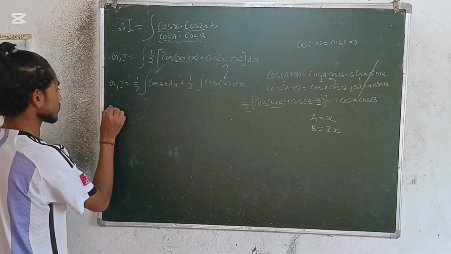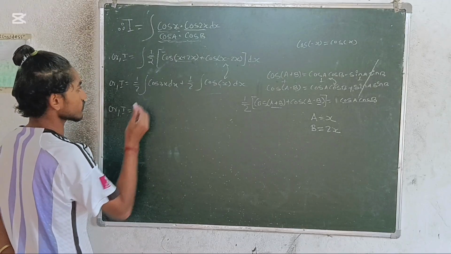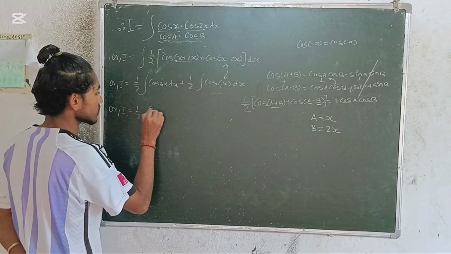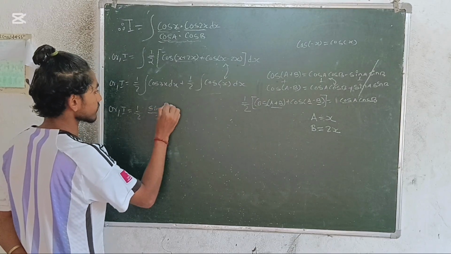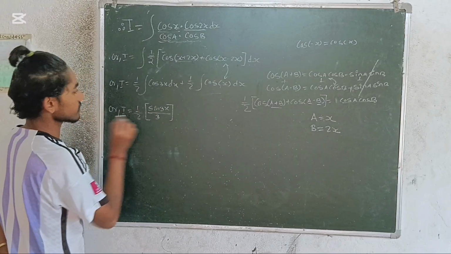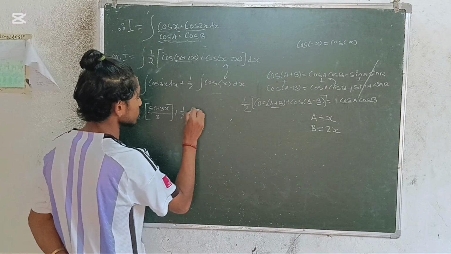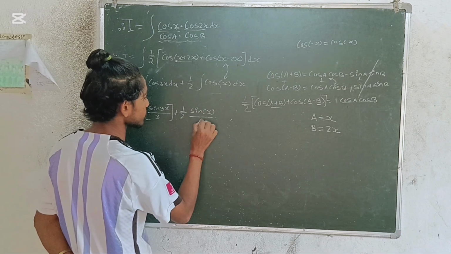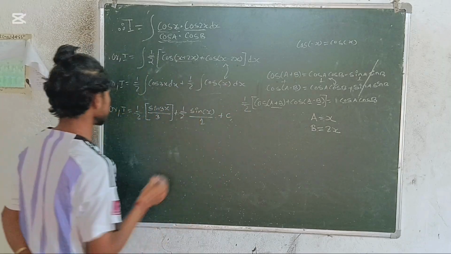Now the integration of cosine of 3x is sine of 3x divided by the coefficient of x, which is 3, and plus one over two sine of x, where the coefficient is 1. Whether you divide by 1 or not is your choice, and this would be plus c.